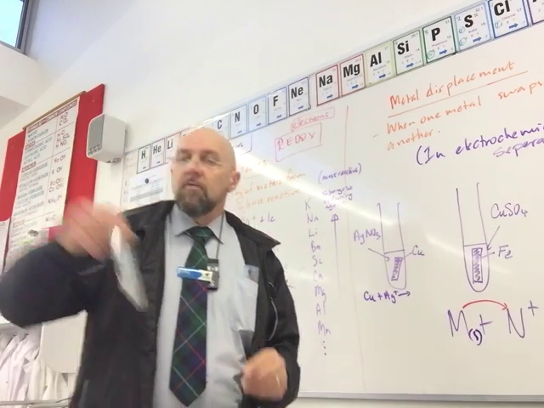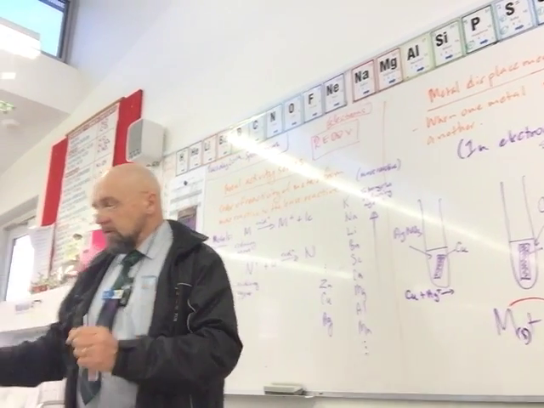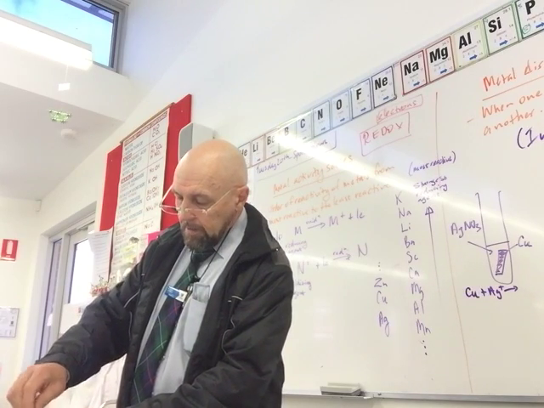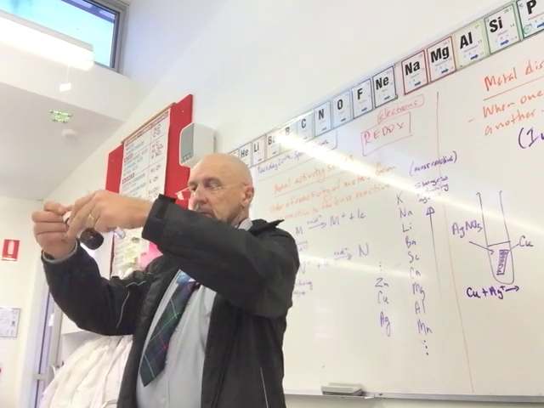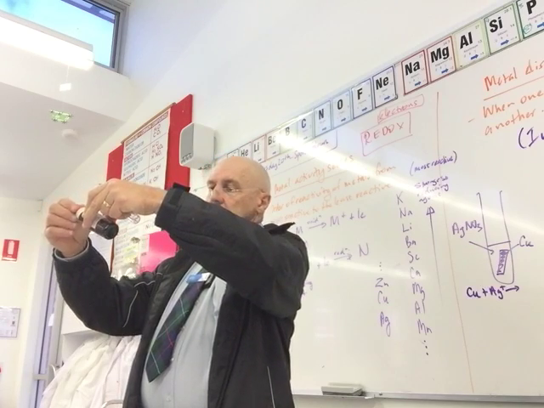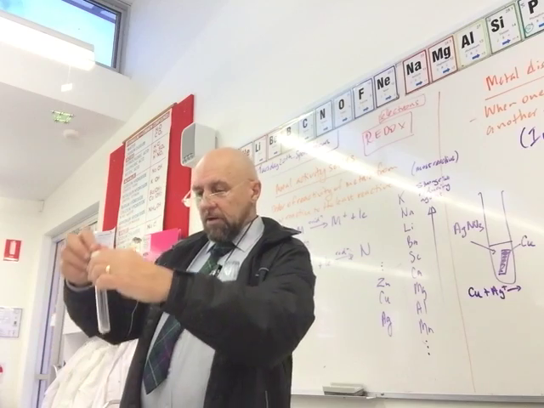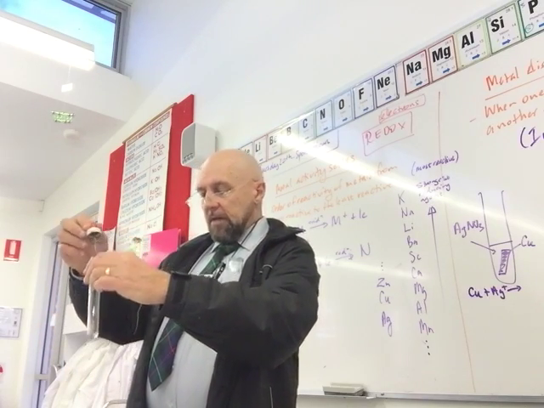So here is my piece of copper. I've got some silver nitrate, thanks to our lab assistant. Silver nitrate we have to be careful of. Can anybody tell me why?